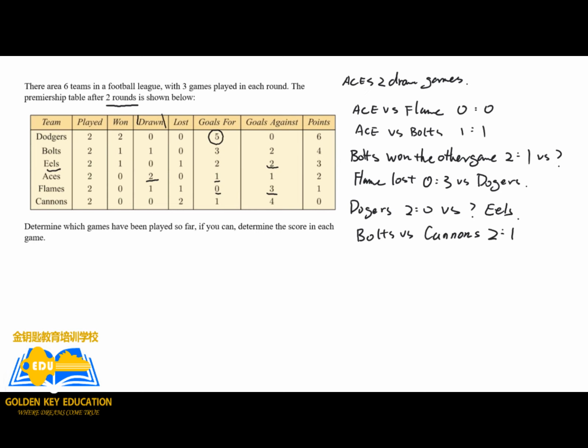So therefore, we can say Elves versus Cannons must be 2 against 0. Why? Because if you check, the Elves has already had 2 goals, but from the previous game with Dodgers, it doesn't score anything. So therefore, it must score all the goals against the Cannons. And that's it.